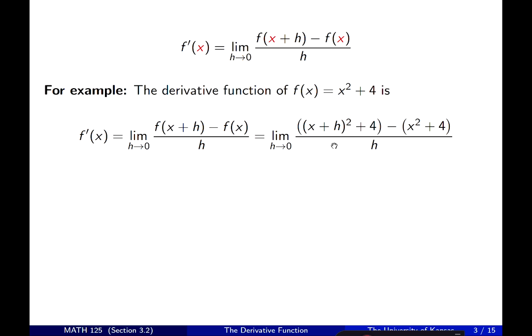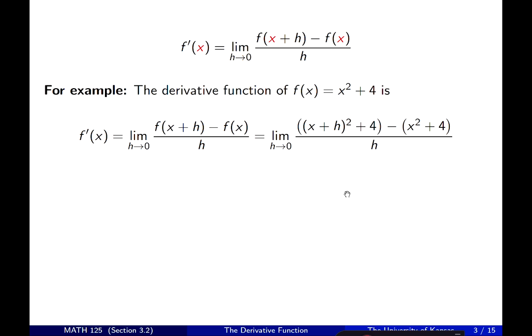Here, I realize that if the numerator is a polynomial, it should have a linear factor that is 0, and the linear factor should be h minus 0, and that's h. And so I'm going to look for that.